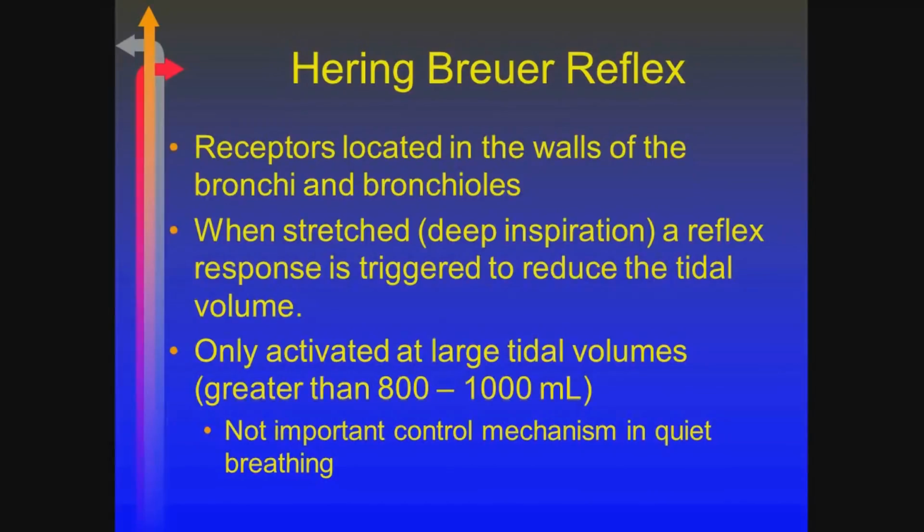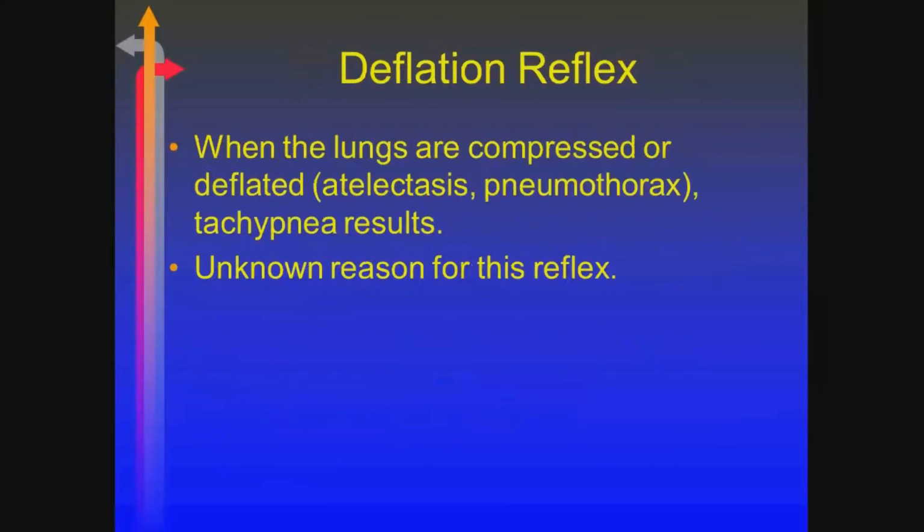It's a mechanism by which your brain says, stop taking air in, I have a big enough tidal volume, I don't need any more. Okay? So it basically tells the inspiratory centers to stop telling the diaphragm to continue to contract. It inhibits large tidal volumes.